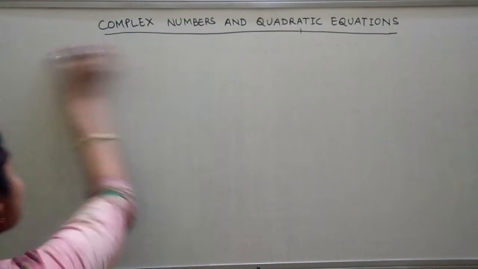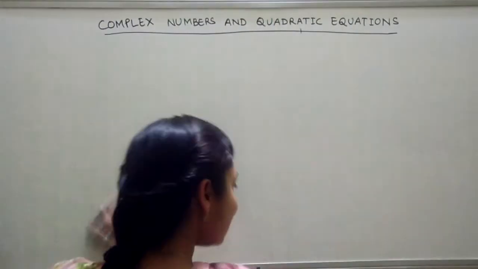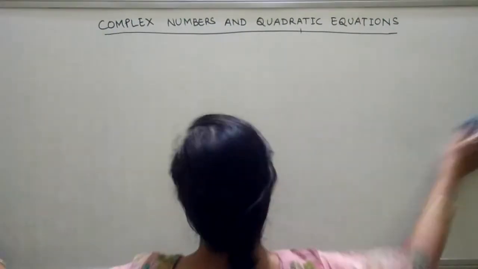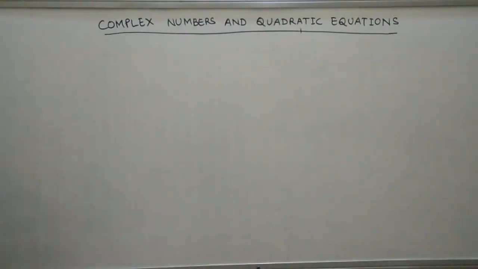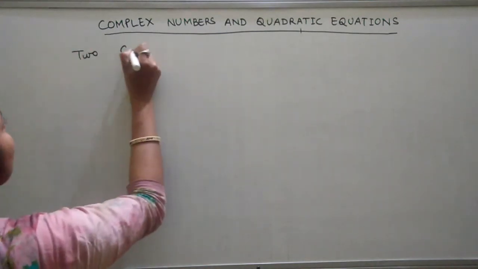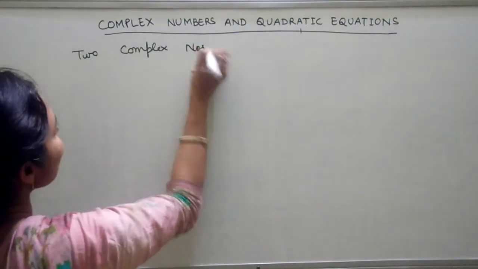Two complex numbers are equal if and only if their real as well as imaginary parts are both equal.